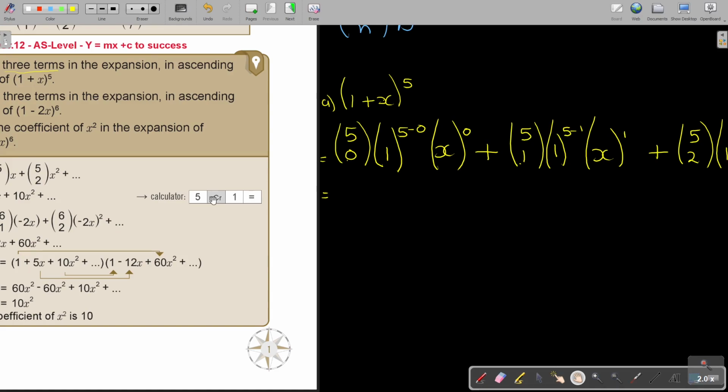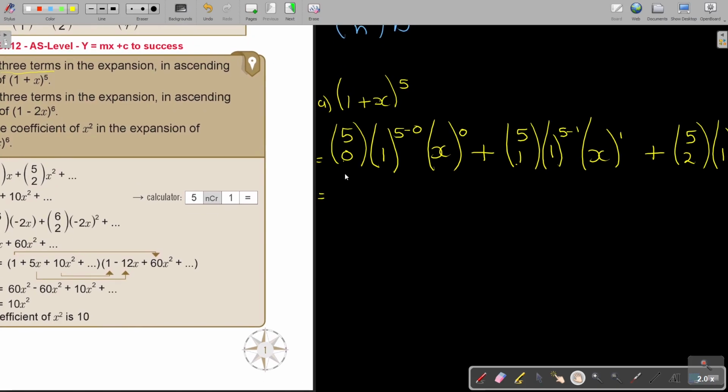And if you do that, you will see it's there at the top, nCr, and you say 0, you're going to get 1. You're going to get 1 for that. This is 1 to the power of 5, which is also 1. And this is x to the power of 0, which is also 1.